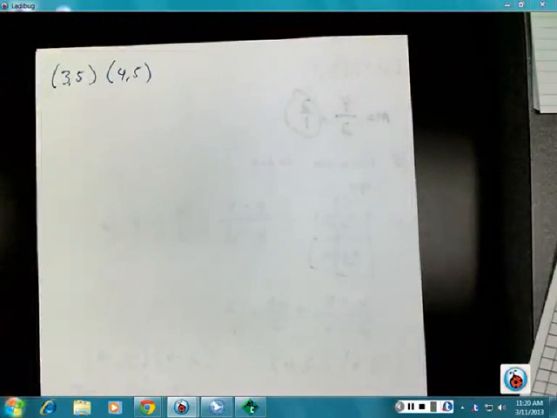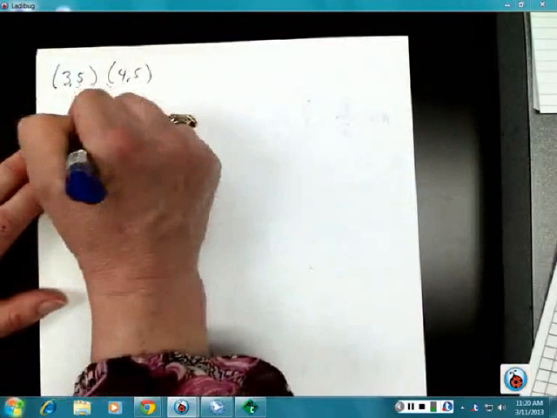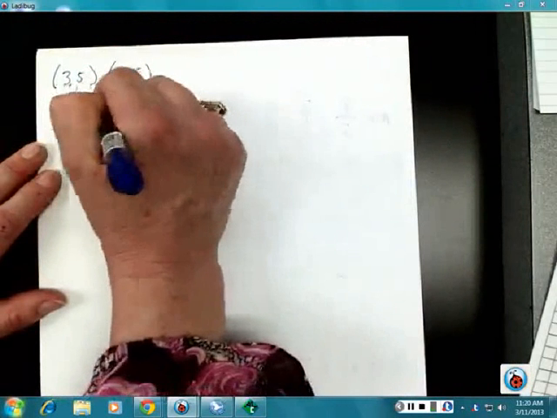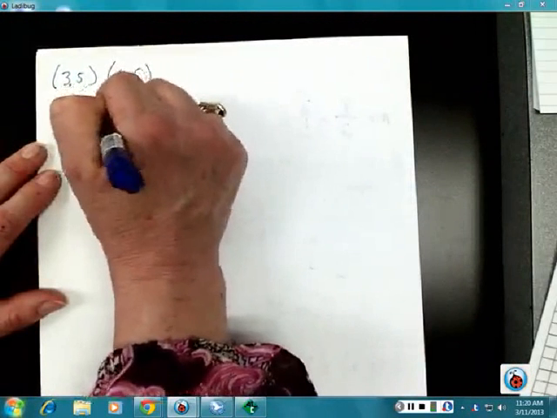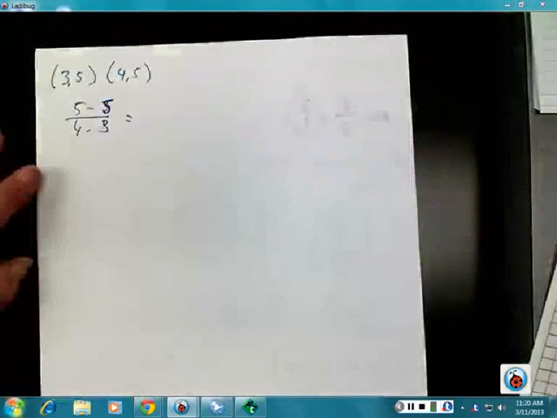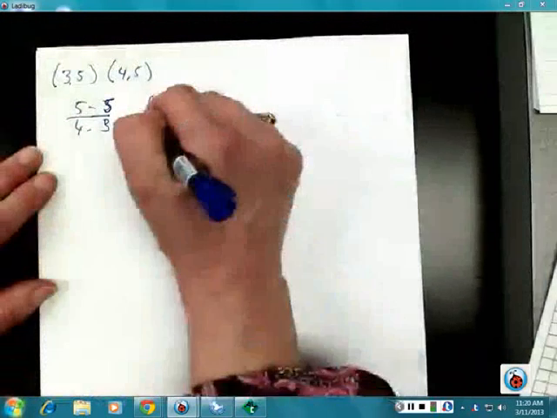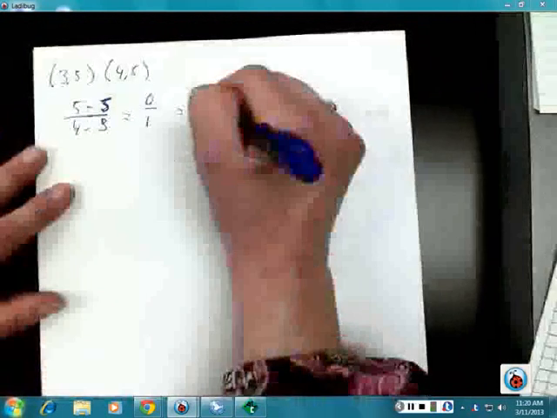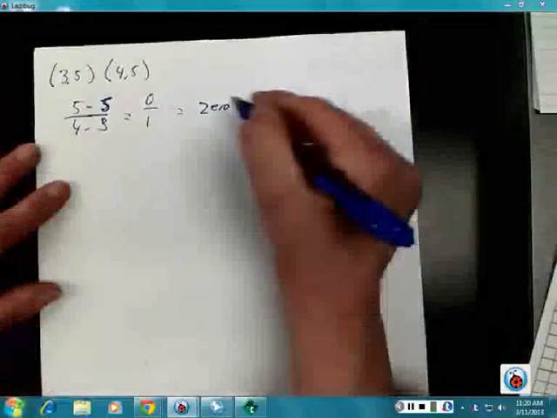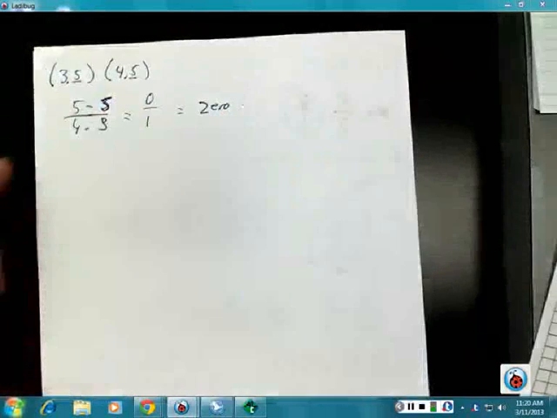So I have 5 over 4 minus 5 over 3. So 5 minus 5 is 0, and 4 minus 3 is 1. So what's my slope? 0. Right? If you notice in your points, the y's are identical.